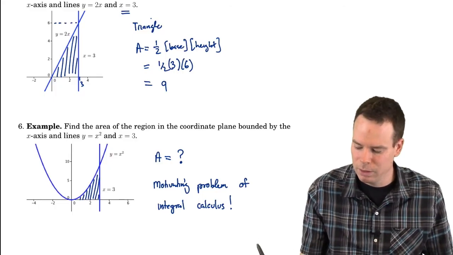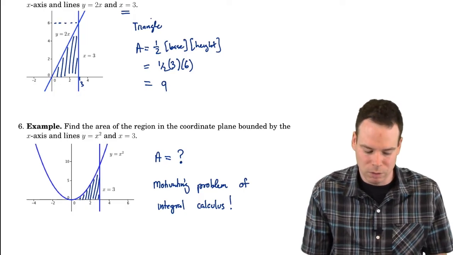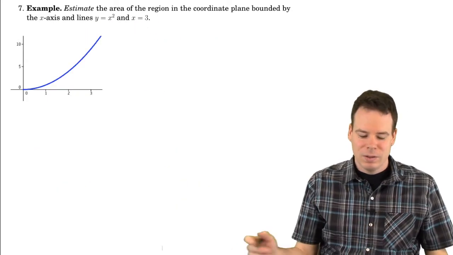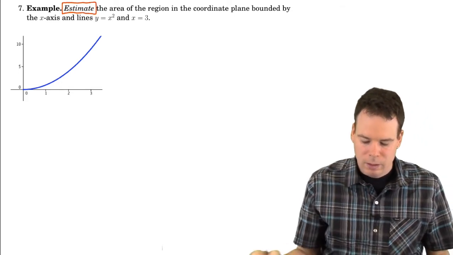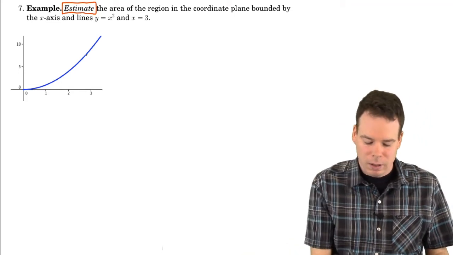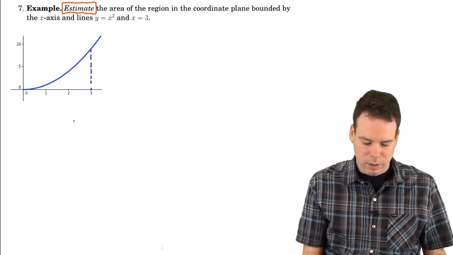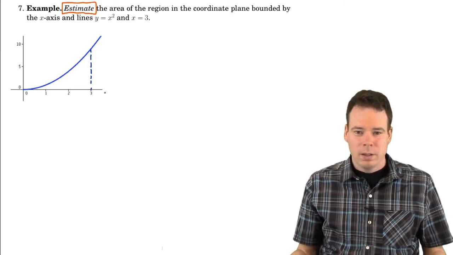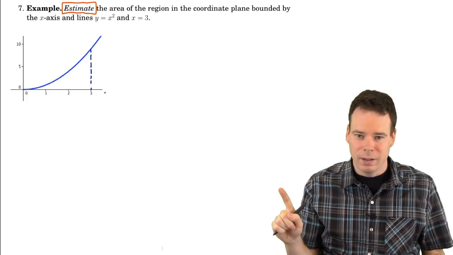So let's go ahead and continue with this problem of finding the area of this curved region. In this example we're going to look at estimating the area of the region under the curve, to the left of x equals 3 and above the axes. Now the rules of the game for doing these area estimations is we only know one thing, the area of a rectangle.